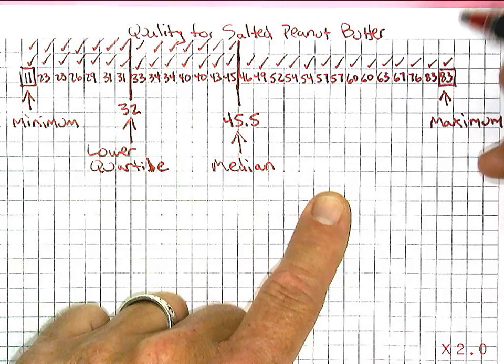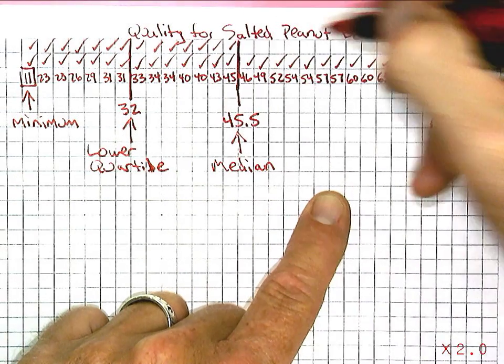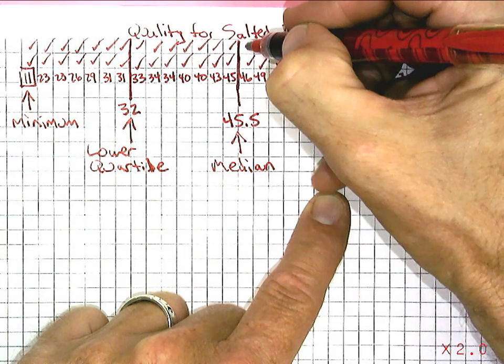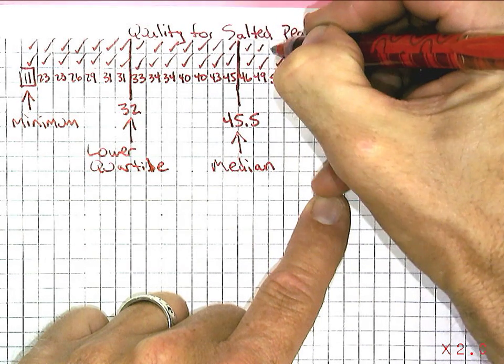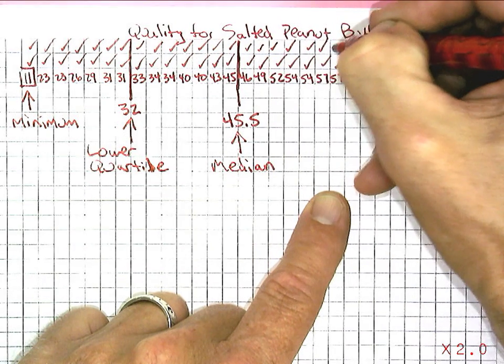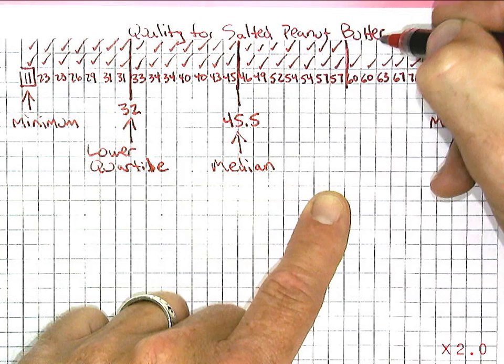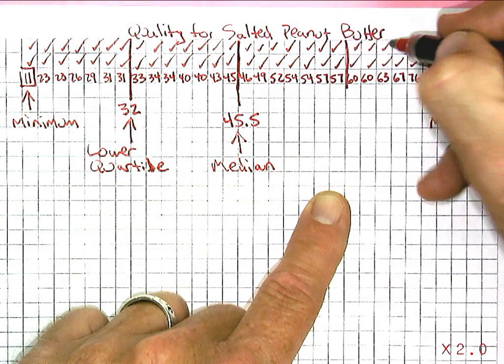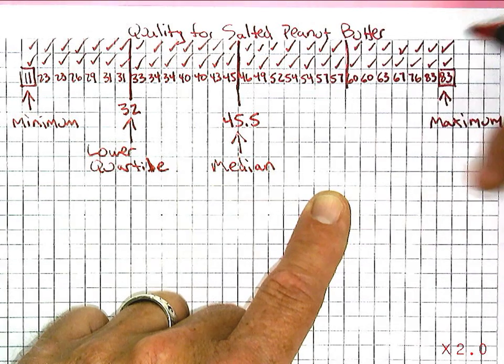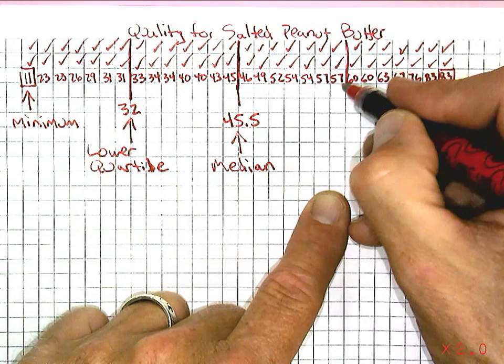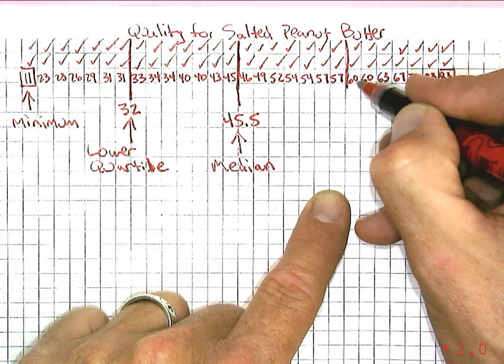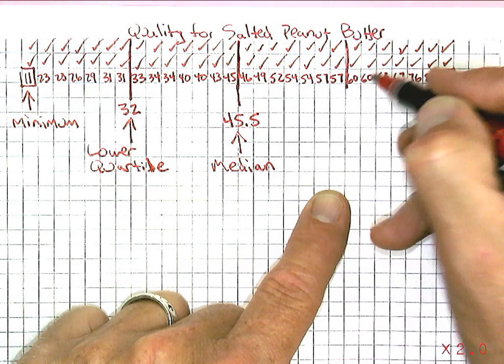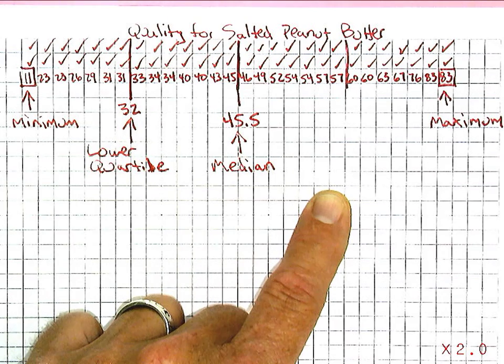And again, we're going to do the same thing. So I know there's 14 numbers on each side, so I can maybe take a shortcut here and go 1, 2, 3, 4, 5, 6, 7 there. I think that's where I'm going to cut it. And so between 57 and 60 is the upper quartile.